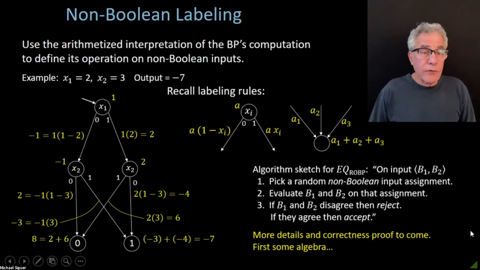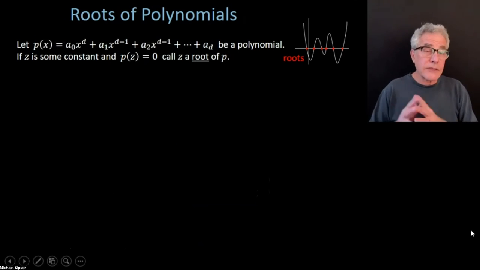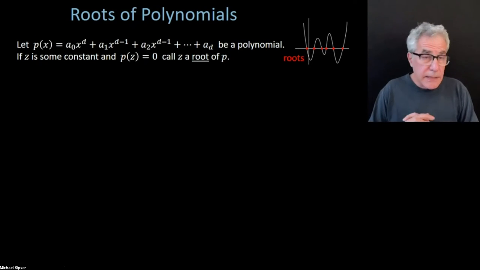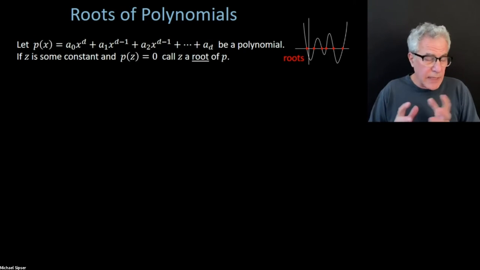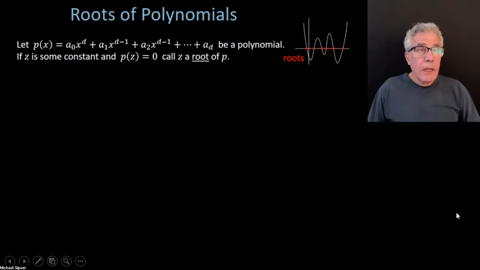So first we have to develop an algebraic fact, and that involves polynomials. This is a simple thing that I think many of you have run into already, perhaps even in high school. I'm not going to prove the algebraic facts, but I'm going to state them. And actually, the proofs are not hard; they're in the textbook. Okay, so suppose we have a polynomial of degree d here.